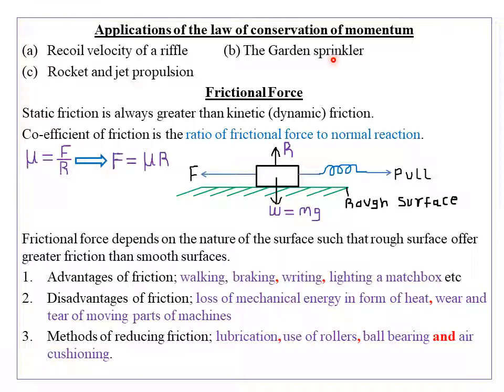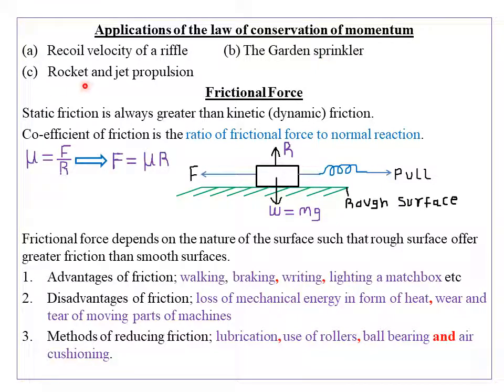As the water jets forward, that provides the initial or the forward momentum, and the arms and the nozzle of that particular sprinkler move backwards, hence providing the final momentum and ensuring that the forward momentum and the backward momentum are equal. When they are equal, we say that the momentum is conserved, and therefore the rotation of that particular garden sprinkler is maintained.